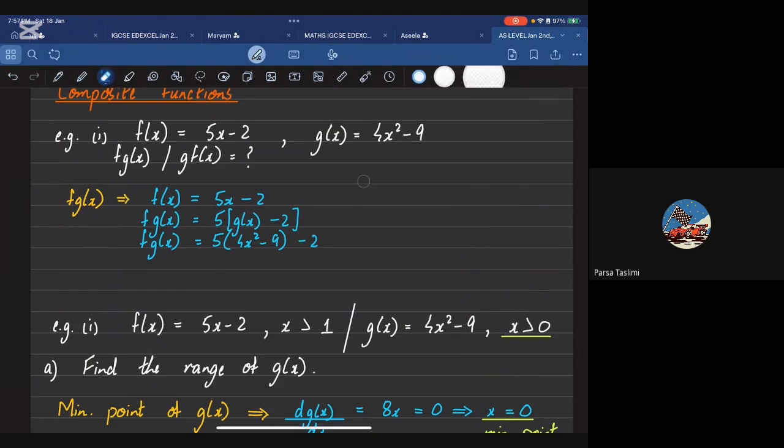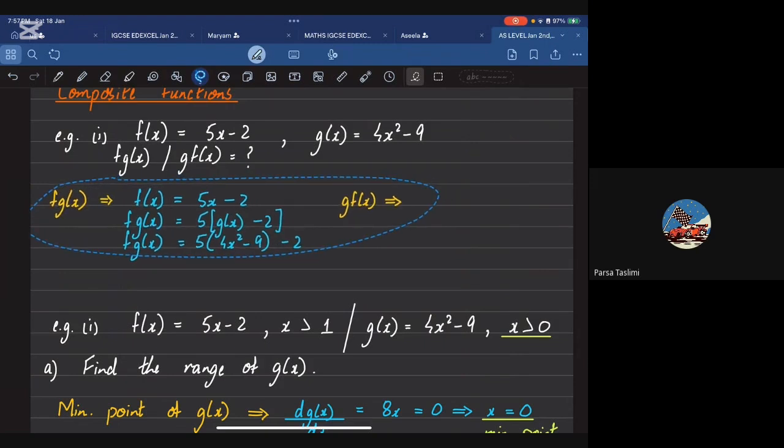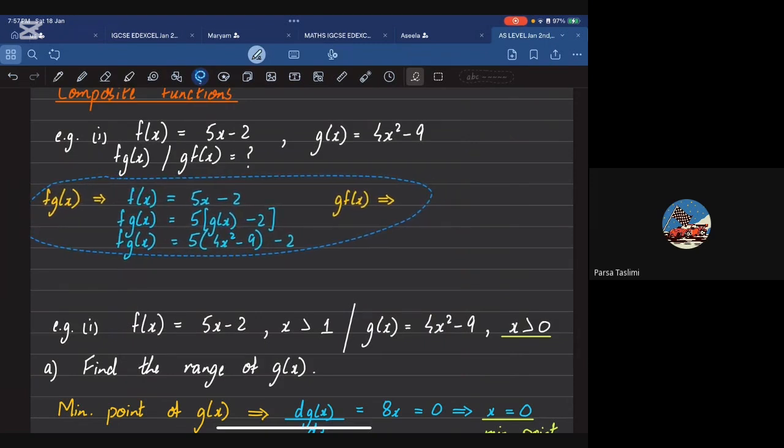And then what's going to happen? If it's g of f of x, g of f of x is going to be what?